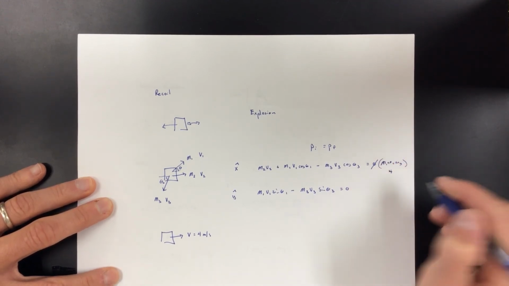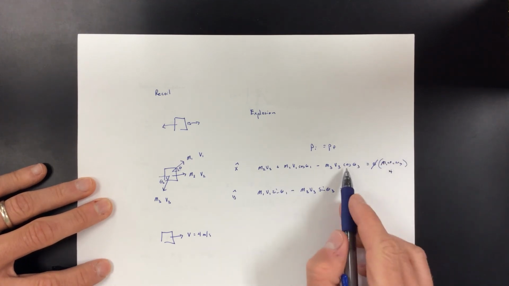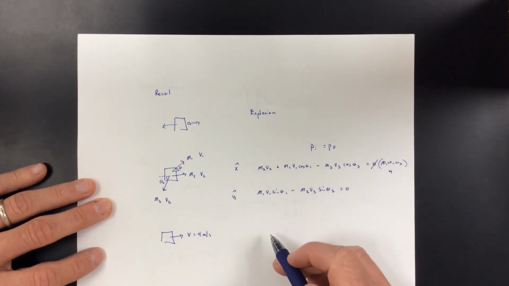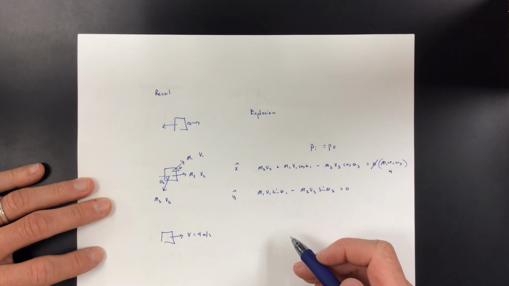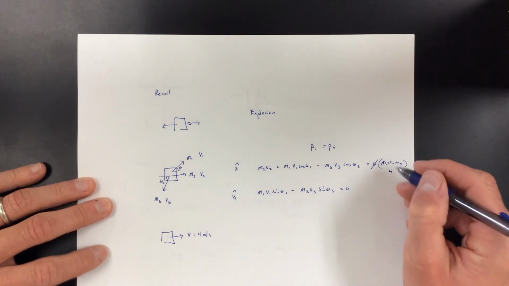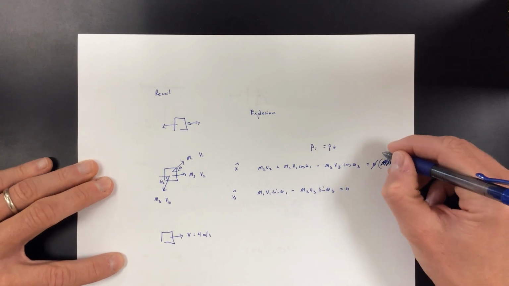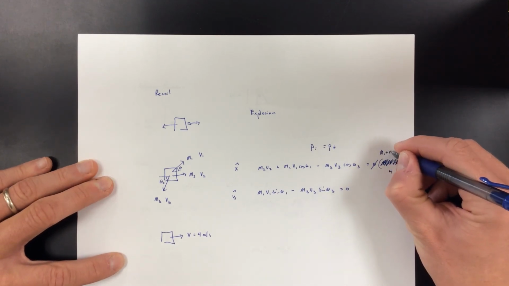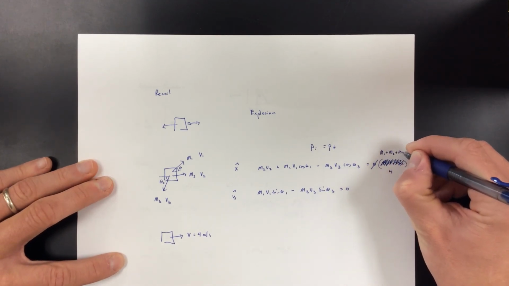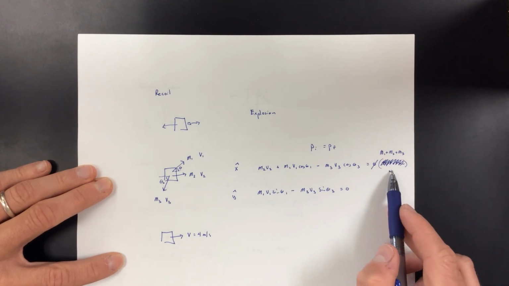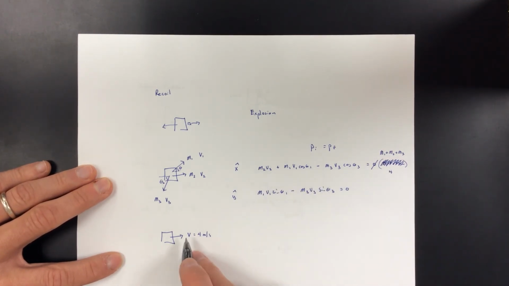That's the momentum it had horizontally, so that's the momentum it still has to have horizontally. That's not going to change. This messy writing over here is just the total mass, M1 plus M2 plus M3, which gives the original horizontal momentum, which equals the final horizontal momentum.